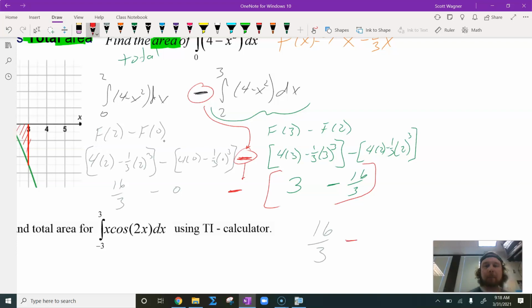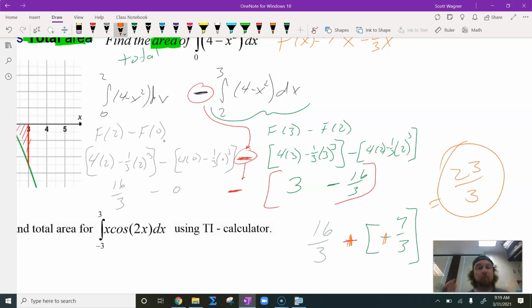Minus, if I clean up the stuff in the brackets, 3 minus 16/3, that's going to give me a negative 7/3. Of course it is, because it's below the x-axis. It's a negative value. That's why I'm subtracting it, to really turn it into an addition. Subtracting a negative is really adding a positive. 16/3 plus 7/3 is going to equate to 23/3.